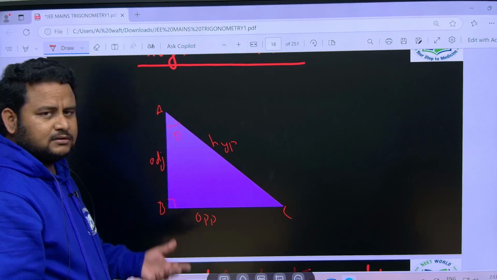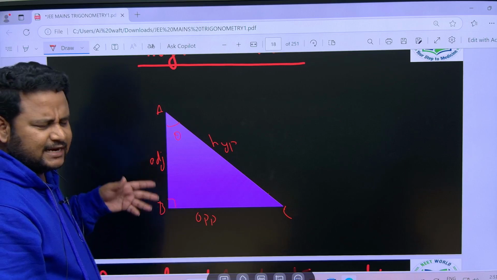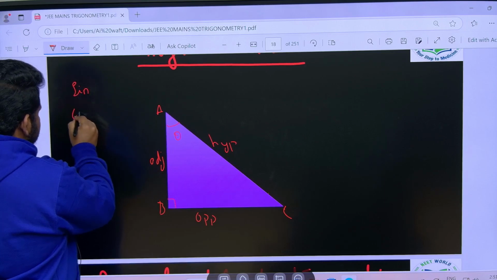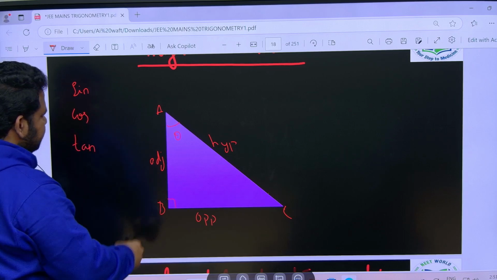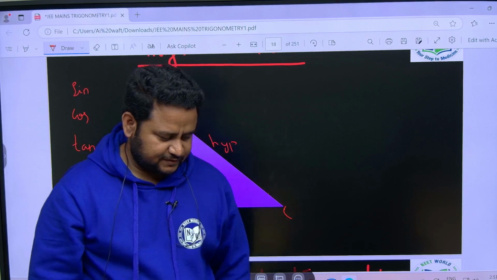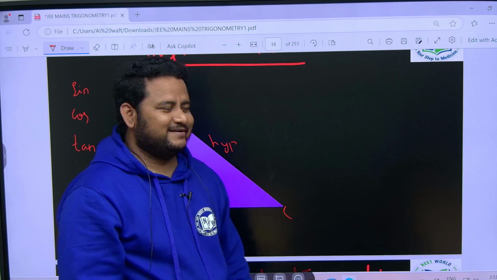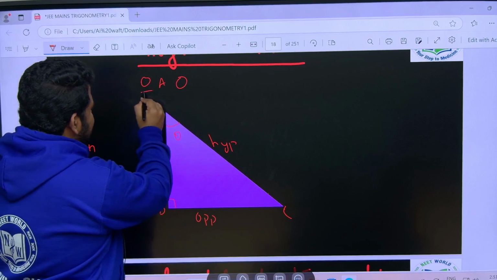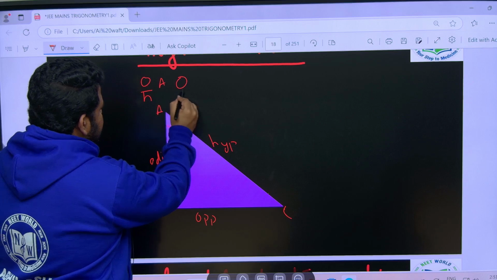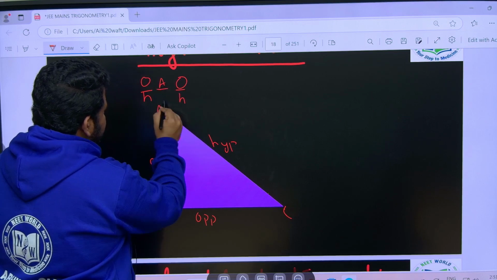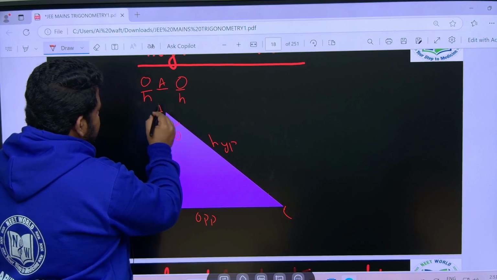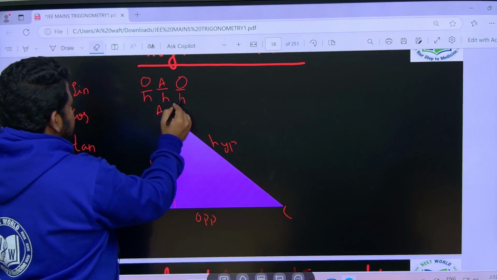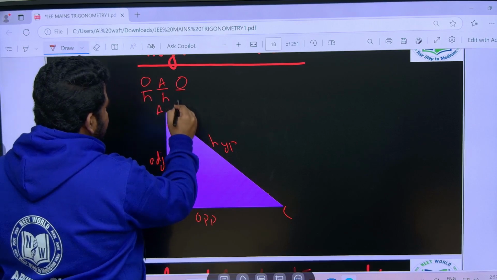So now we have to calculate sine, cos, tan and other ratios. For sine, cos, tan, there is one song which used to come in yesteryears, which we used to call O A O. So if I write it here, O A O: opposite by hypotenuse, adjacent by hypotenuse, and opposite by adjacent.